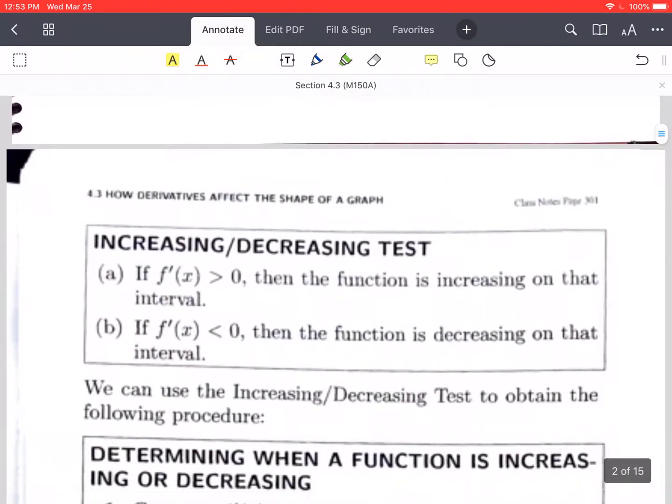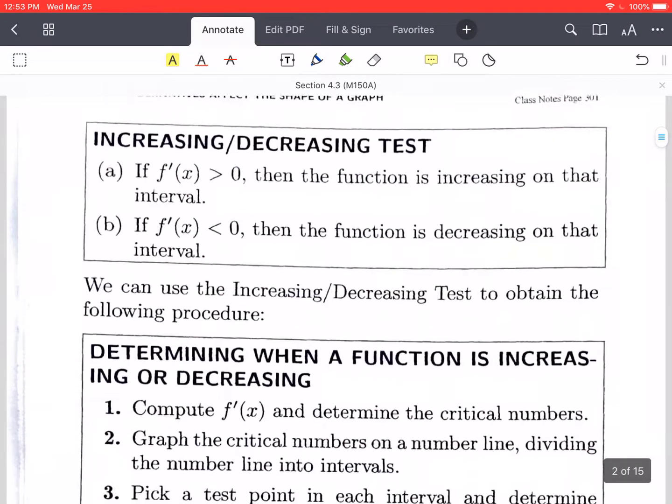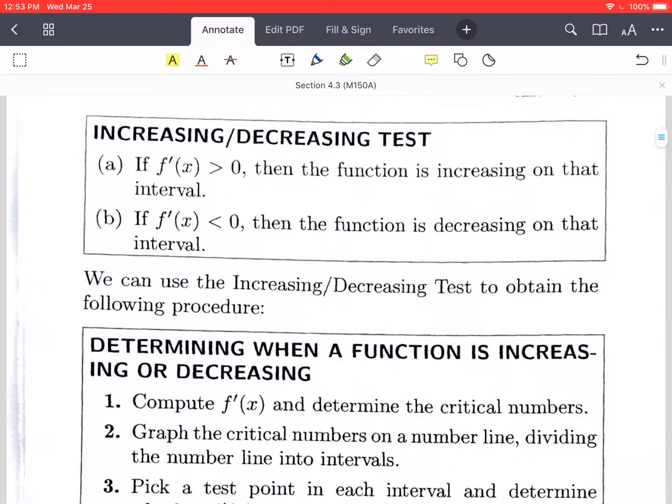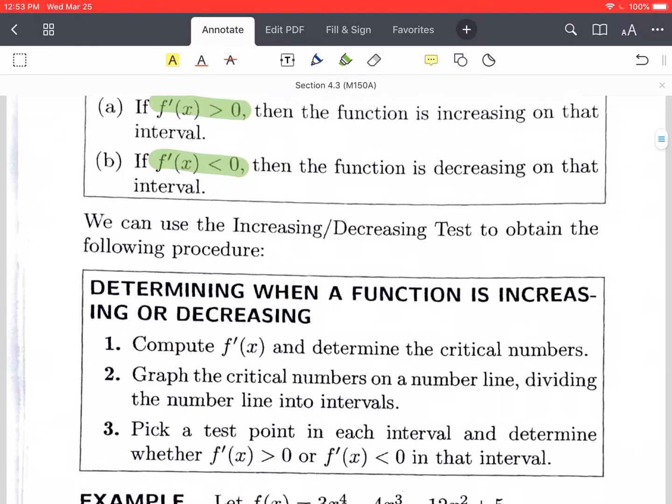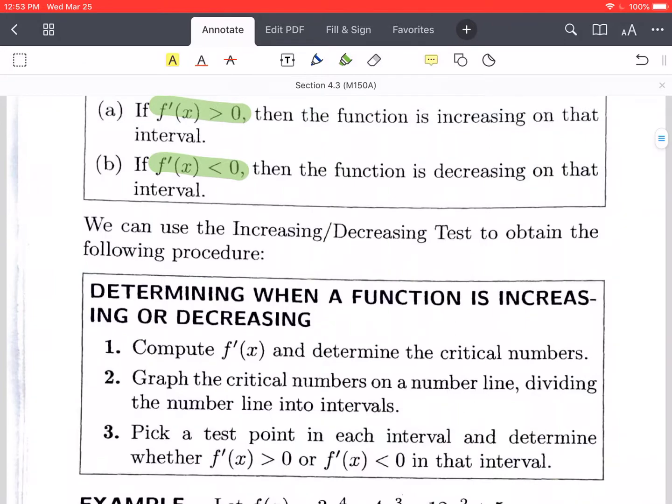Okay, so when we're determining whether a function is increasing or decreasing, we're looking at the first derivative. In order to determine where the first derivative is positive or negative, we need to find those points where the derivative is 0, and then determine, either to the left or to the right of those zeros, what is actually happening. Is the graph going up or going down?